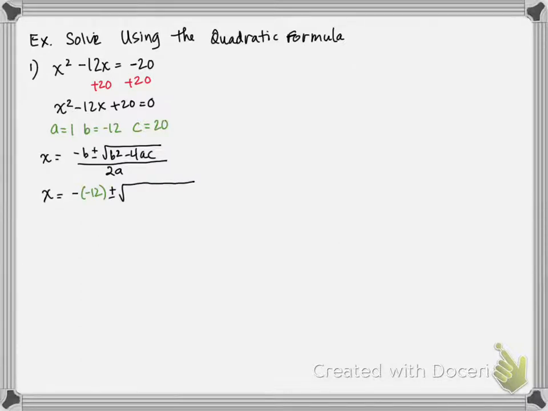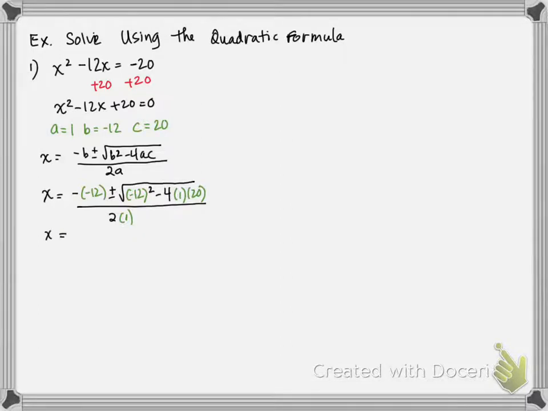Then we have b squared, so negative 12 squared, minus 4, and then we're going to multiply by a, which is 1, and c, which is 20, and then all over 2 times a, which is 1.